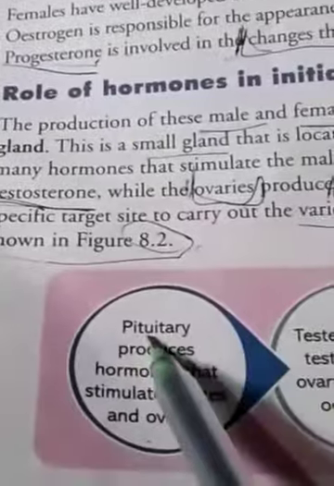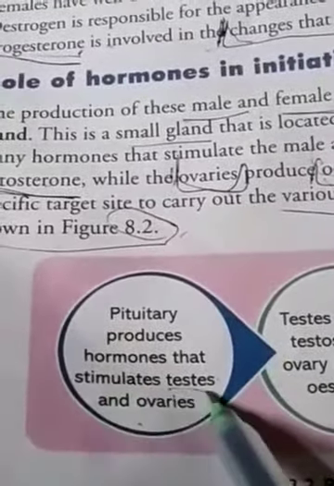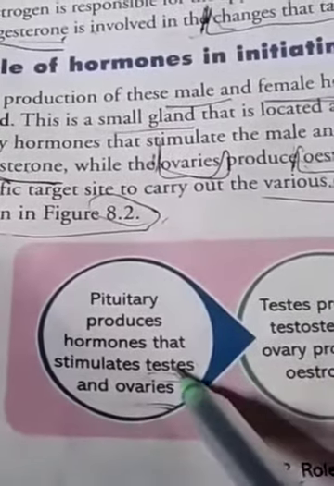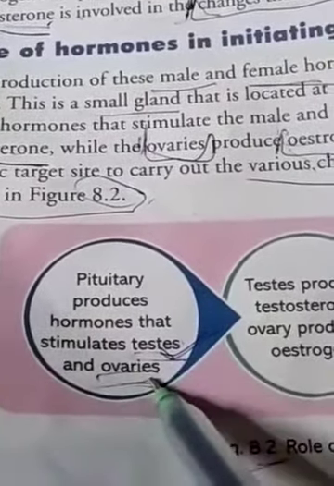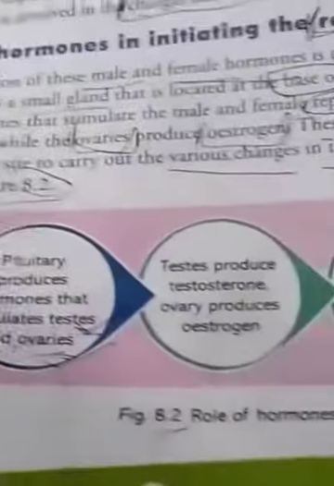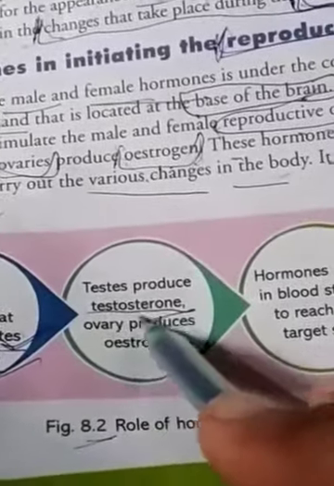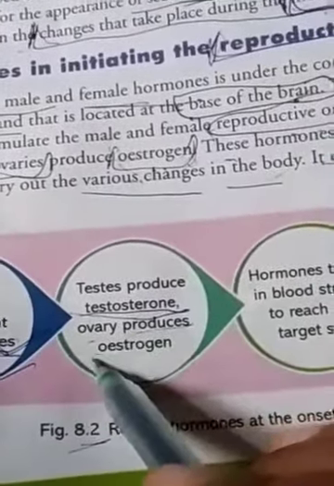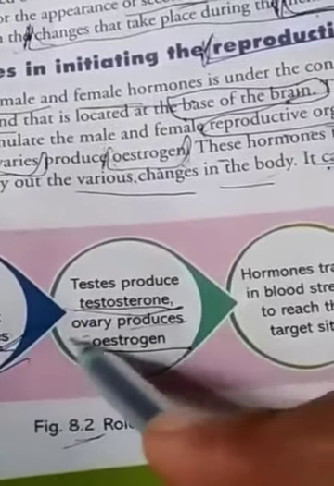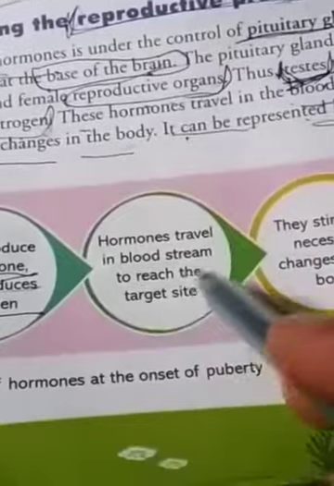Look here: the pituitary gland produces hormones that stimulate the testes and ovaries. The testis is a part of the male reproductive system and the ovary is a part of the female reproductive system. Testes produce testosterone and ovaries produce estrogen. These both are hormones. Here, hormones travel in the bloodstream.